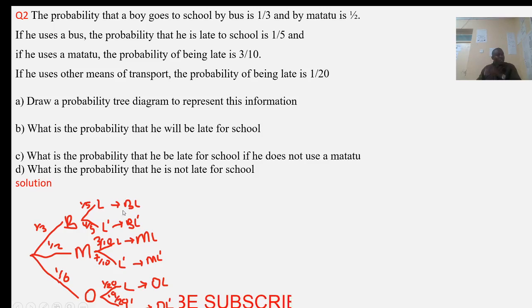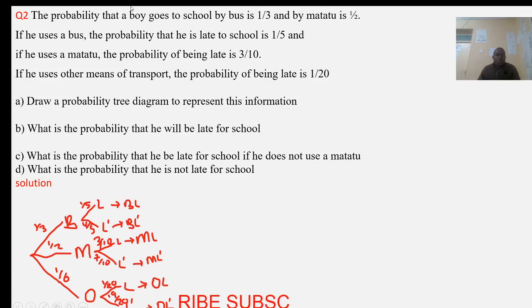Now you go to the other condition: if he uses a bus, the probability that he is late to school is 1 over 5. So if late is 1 over 5, not late will be 4 over 5.